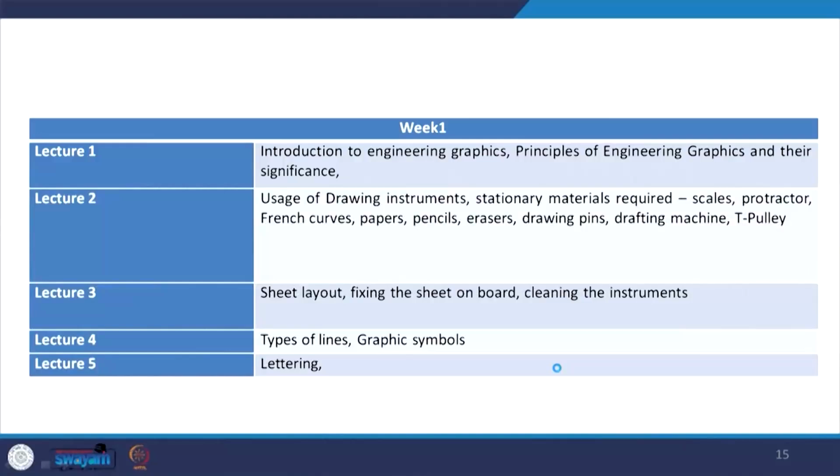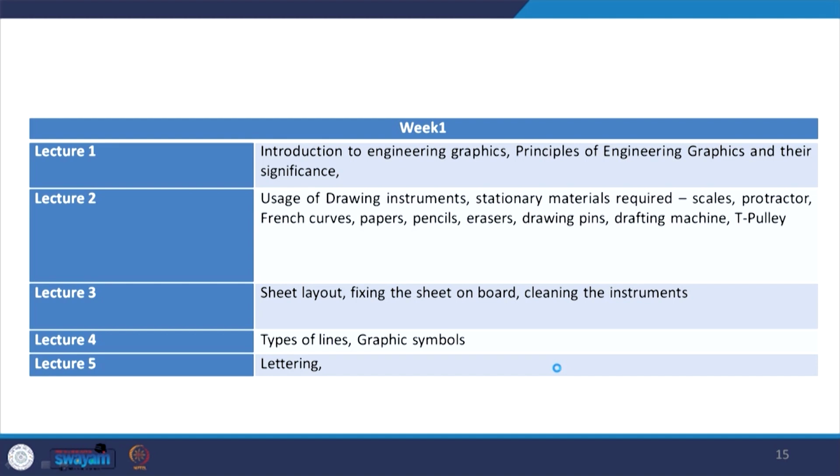So, before I close this lecture here, I will quickly take you through what we are going to read in the coming weeks. Week 1 will actually be the introduction. We will understand the principles of engineering graphics, which we have covered in today's lecture.